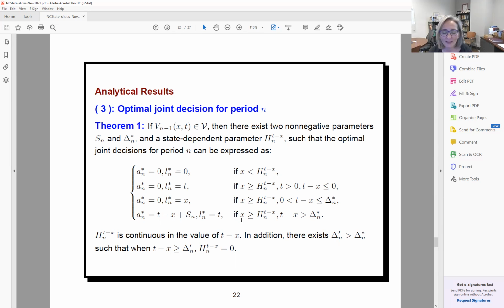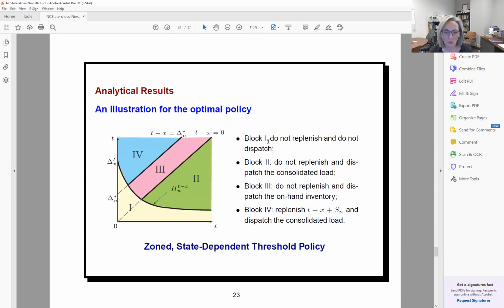And the 5 cases indicate a threshold policy with a state-dependent threshold parameter, which I denote by H. Without giving you more hard time with my math and notation, I'm going to illustrate the solution using a graph.